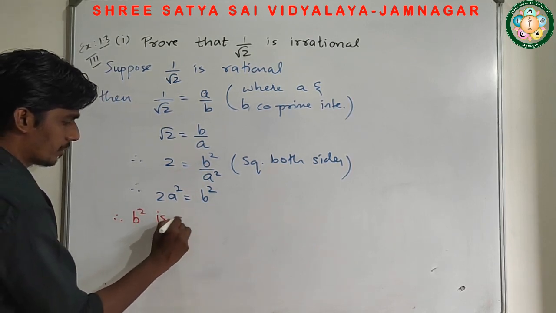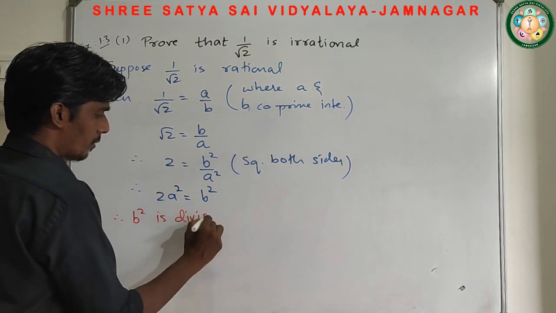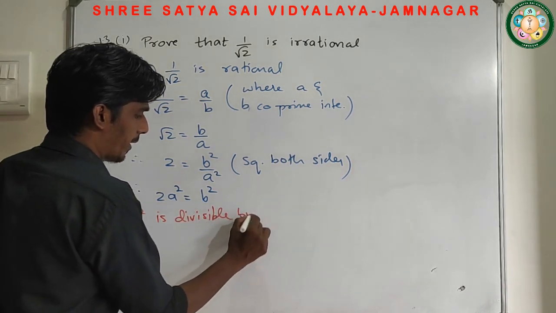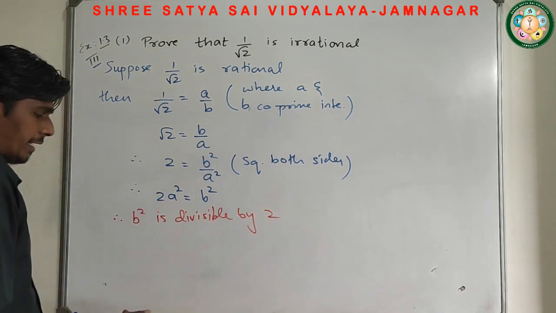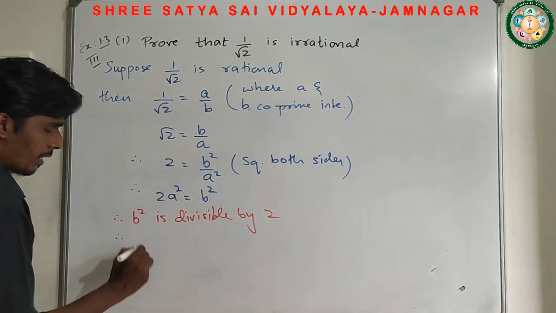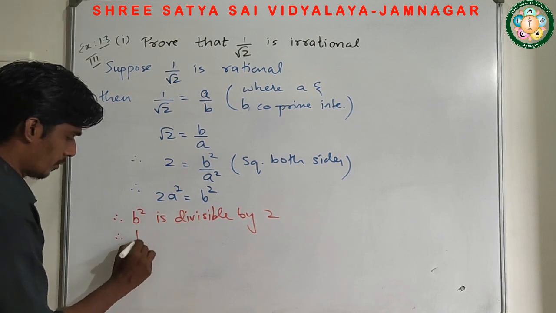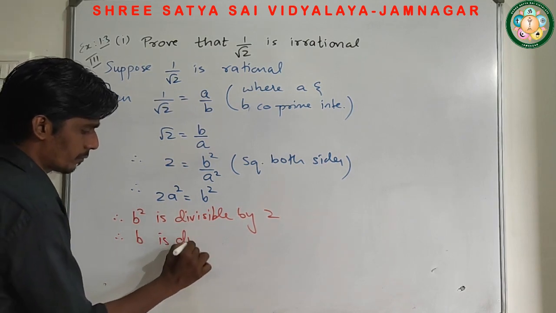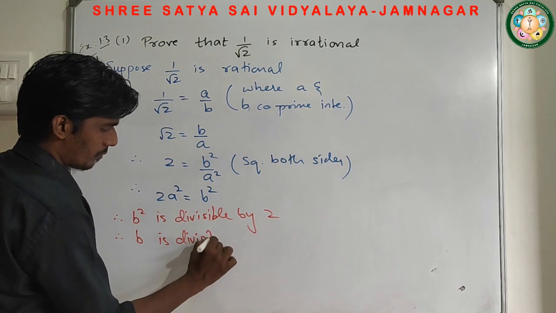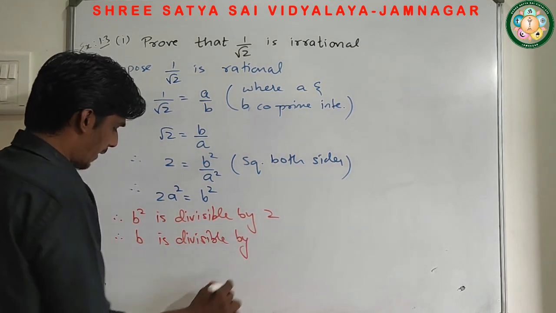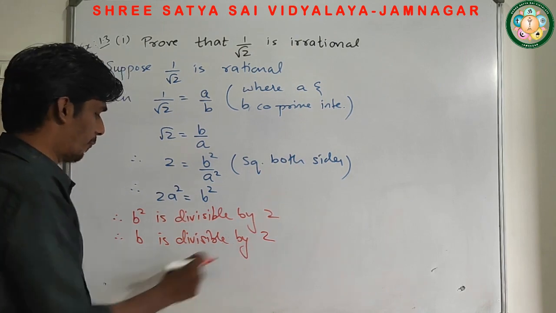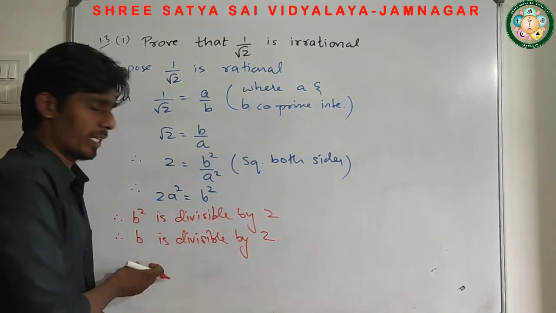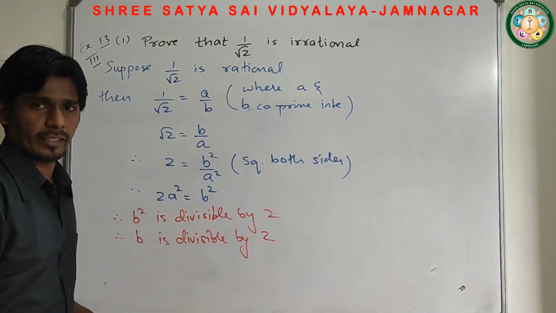Now, from this statement we can write b square is divisible by 2. Then we can write according to theorem 1.3, b is also divisible by 2. If b is divisible by 2, then definitely b is a multiple of 2 only.